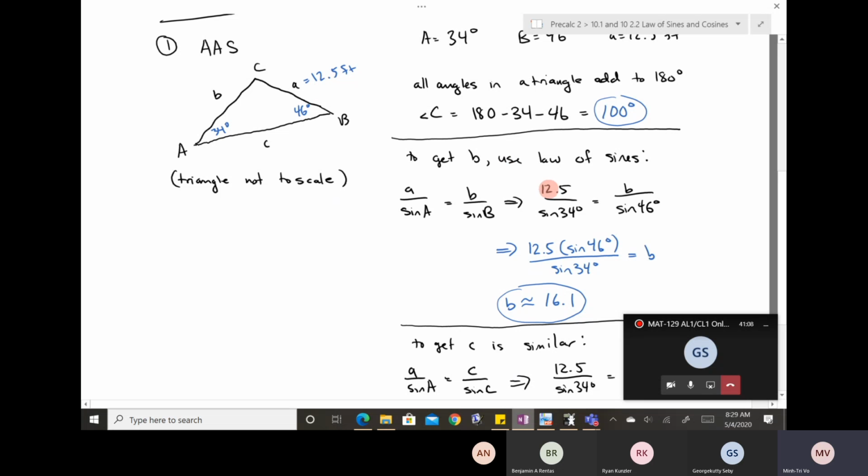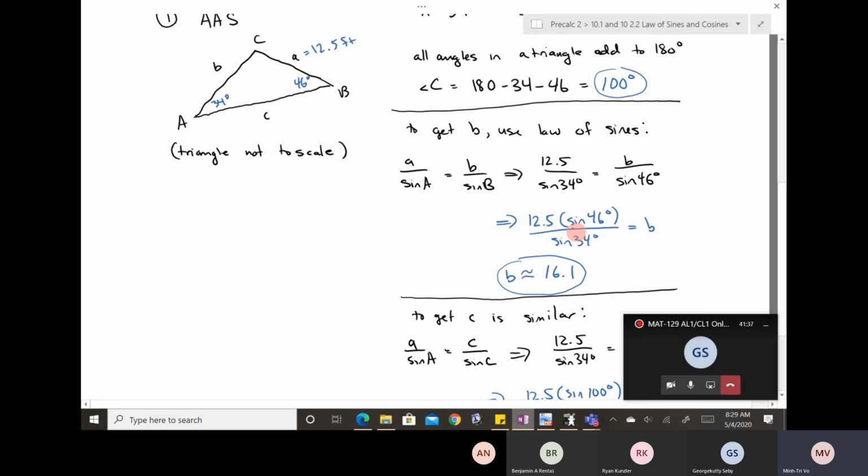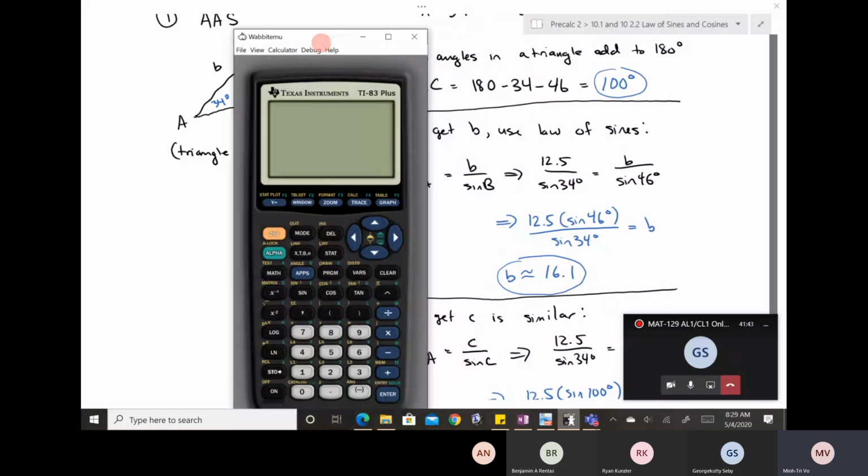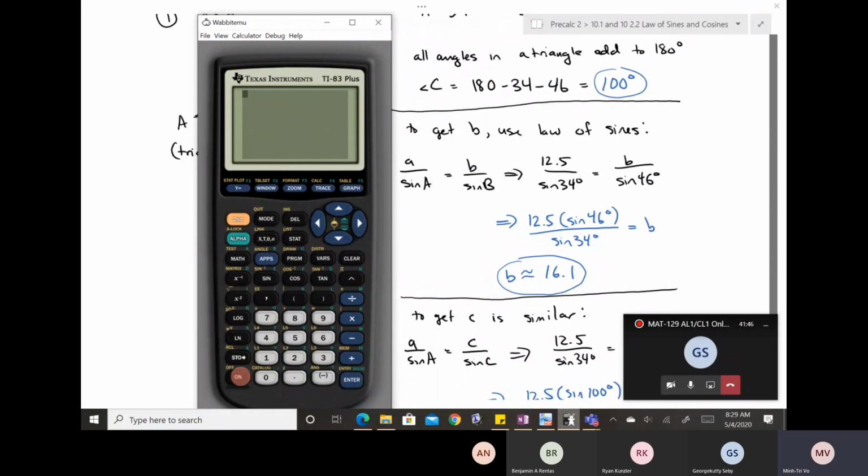A is 12 and a half, angle A is 34 degrees, and angle B is 46 degrees. We set up the equation, and side B is the unknown. To get side B by itself, I need to multiply by sine 46 degrees over to the left side. So this is what I've done here, and the rest is just a calculation. Here we're working in degrees, so you should make sure when you do the calculation that you're in degree mode.